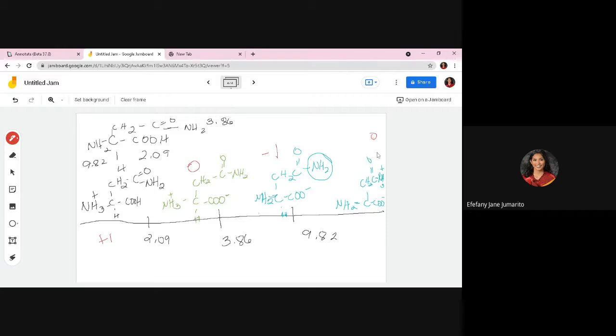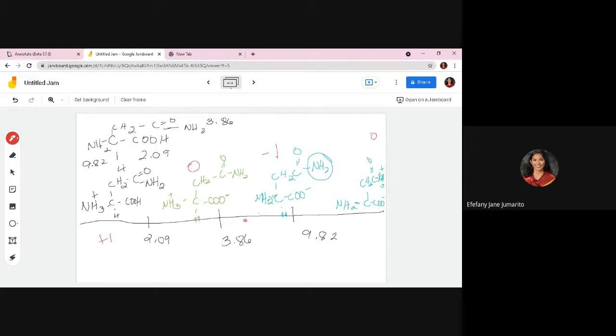Because it's under basic condition at 9.82, it reacts here. Since it is basic, the NH3 is basic so it will not react.